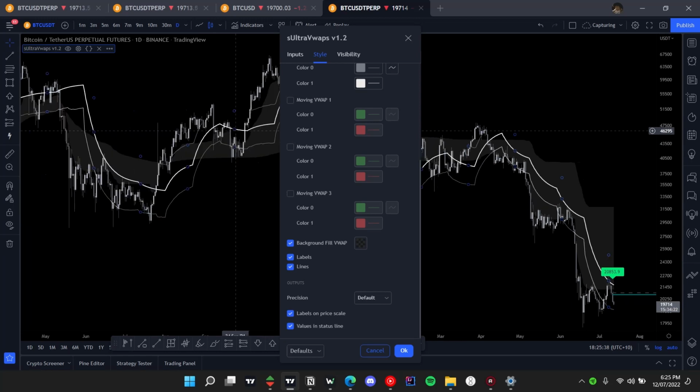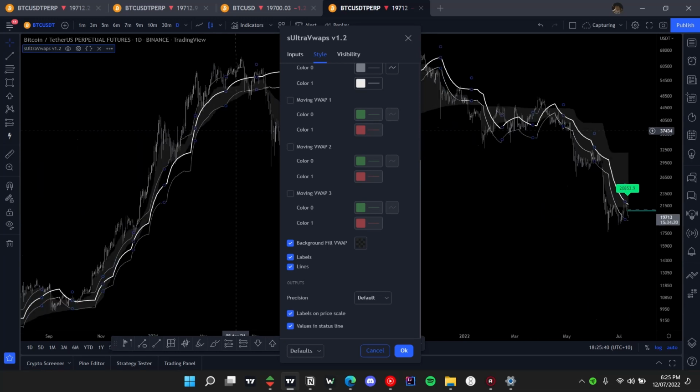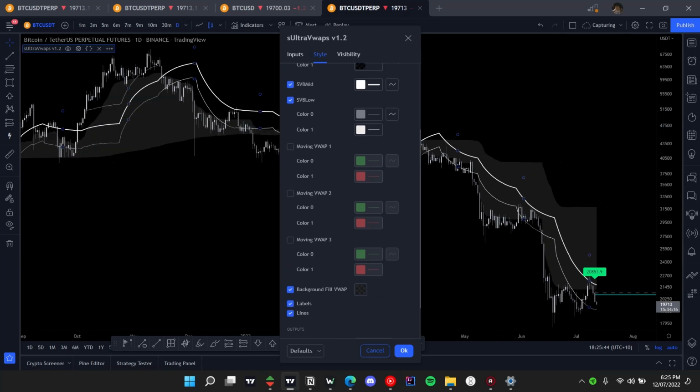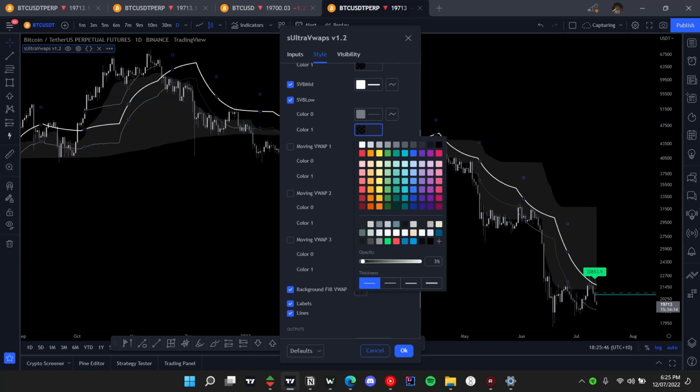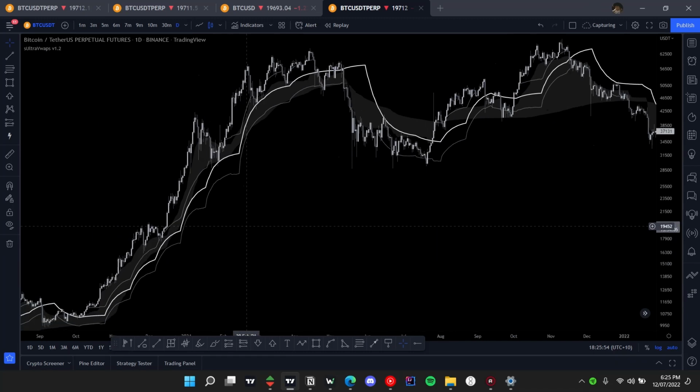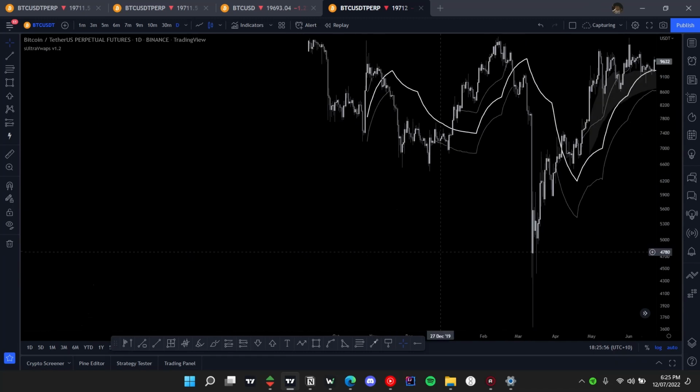I would also like to remove this, in order to keep it clean. And once I've done that, look how clean it looks.